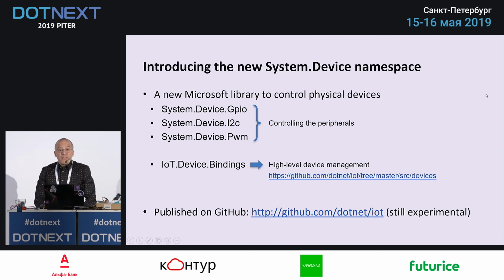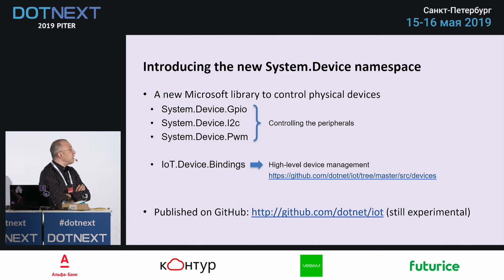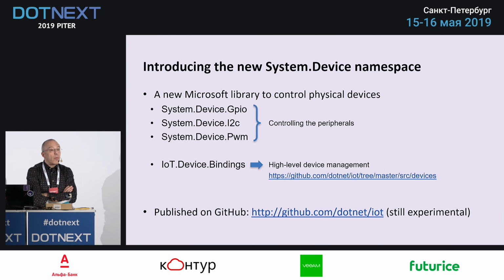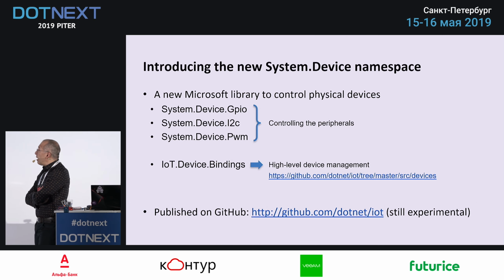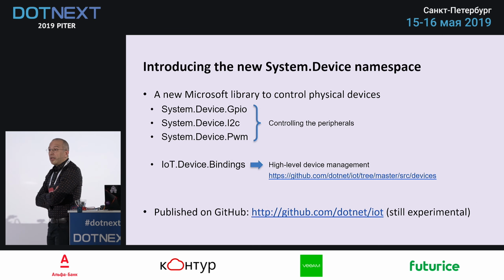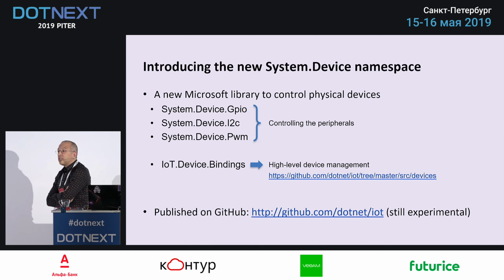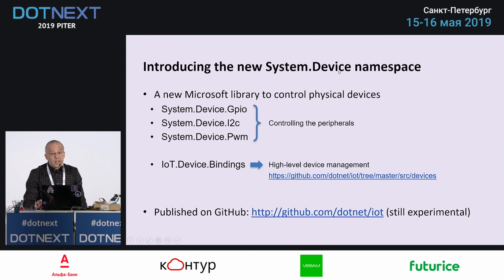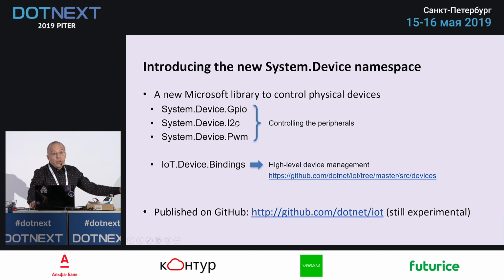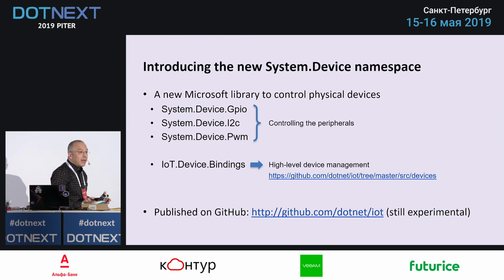The new System.Device namespace is part of a library that is going to be released probably with .NET Core 3. This is my guess. It contains a whole new set of very useful things to interface not only with the Raspberry Pi but also other devices. They provide a way to manage the GPIO, to use PWM, as I said, but also a number of bindings, which means real devices.